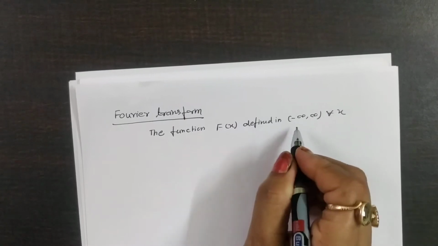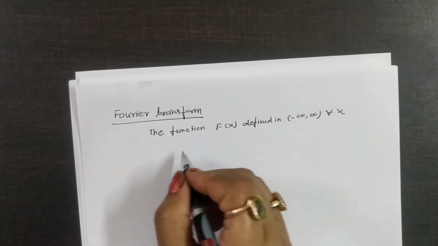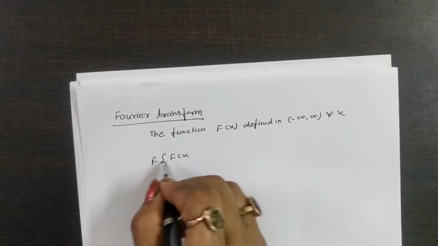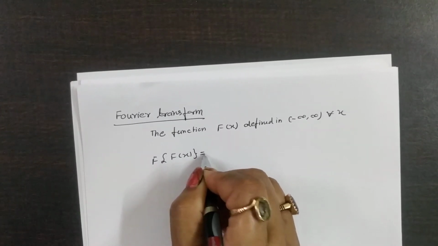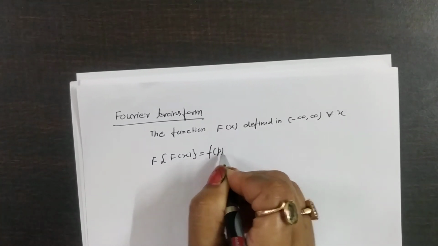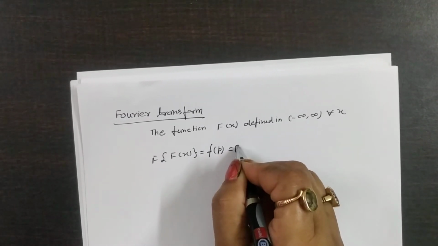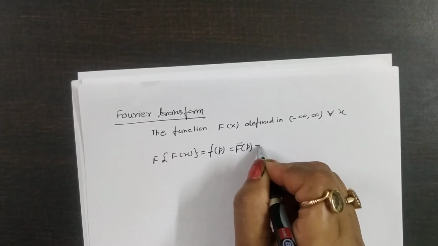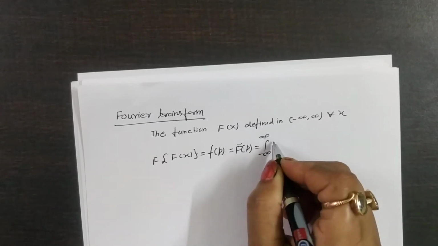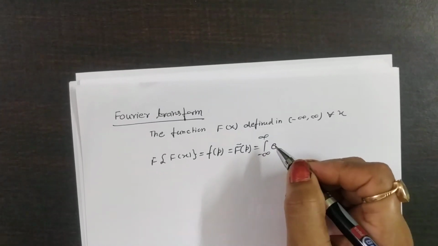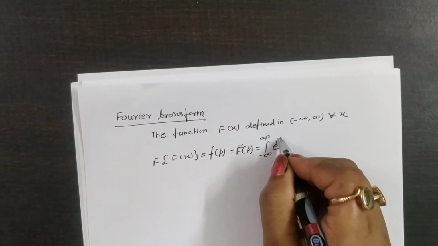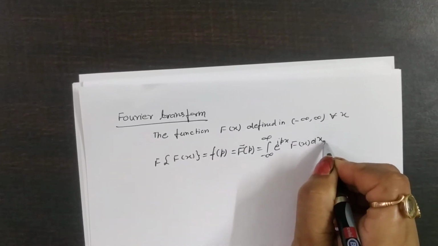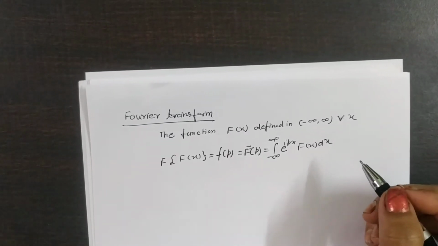Then the Fourier transform of the function f of x is defined as F of p, which is equal to the integral from minus infinity to infinity of e to the power i p x times f of x dx. This is the definition of the Fourier transform.